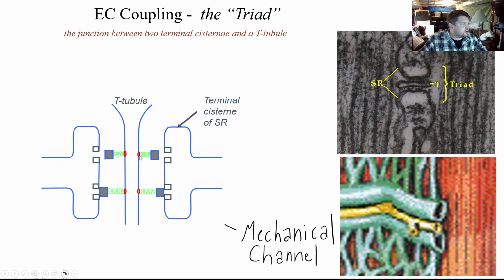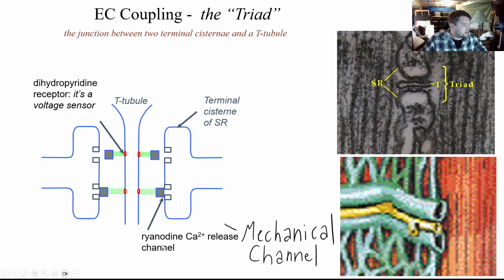So here's the T-tubule, the terminal cisternae of the sarcoplasmic reticulum, and we have these voltage receptors called dihydropyridine receptors. We'll also call these DHP receptors, and these are voltage sensors that are along the T-tubule that have connections to ryanodine calcium channels.